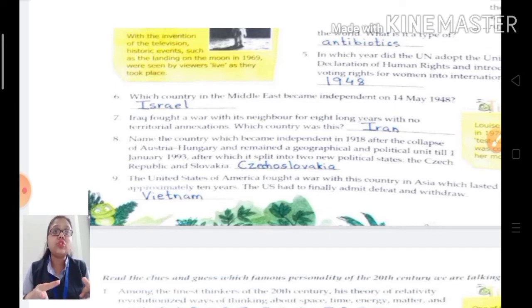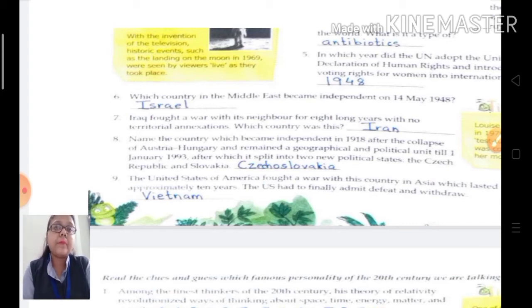So these states became independent in 1918 after the collapse of Austria-Hungary and remained one geographical and political unit until 1993. After that, these two countries split. The Czech Republic and Slovakia were earlier together, so that is called Czechoslovakia.